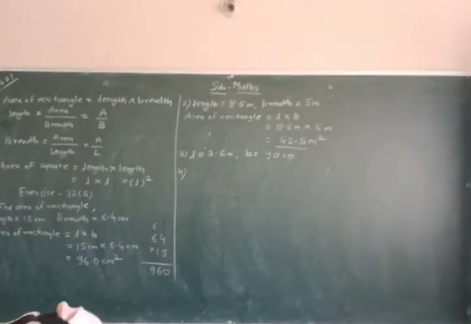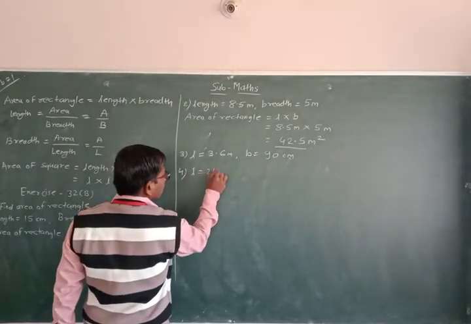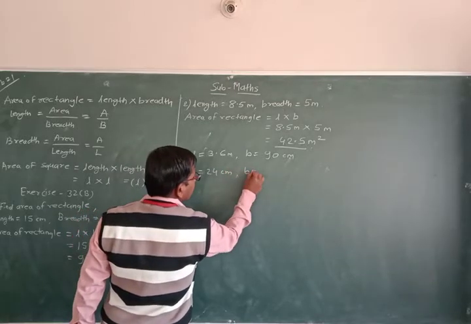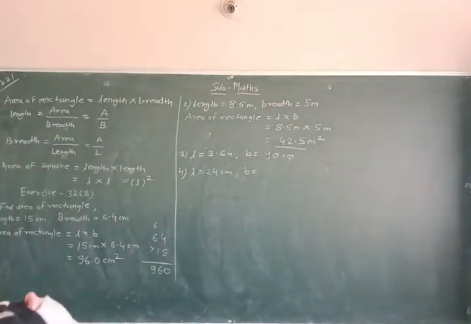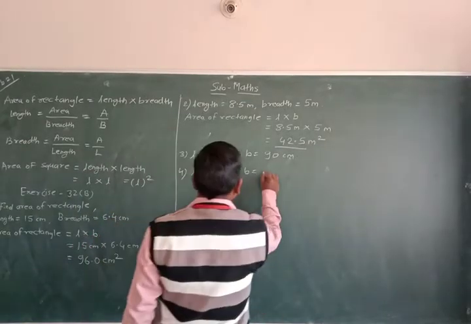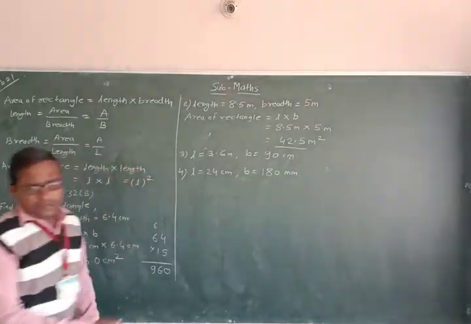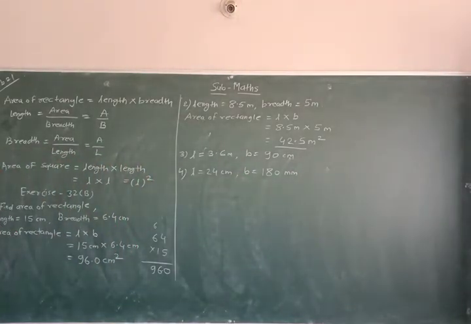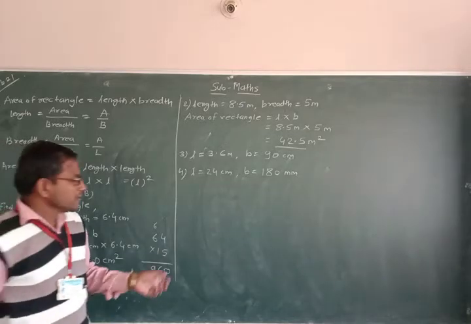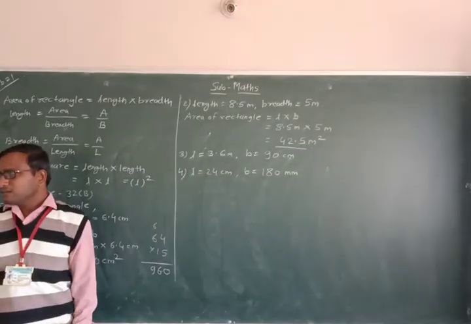L is equal to 24 centimeter and B is equal to 180 millimeter. 1 centimeter is equal to how much millimeter? 10 millimeter. Yes or no? 1 centimeter is equal to 10 millimeter.